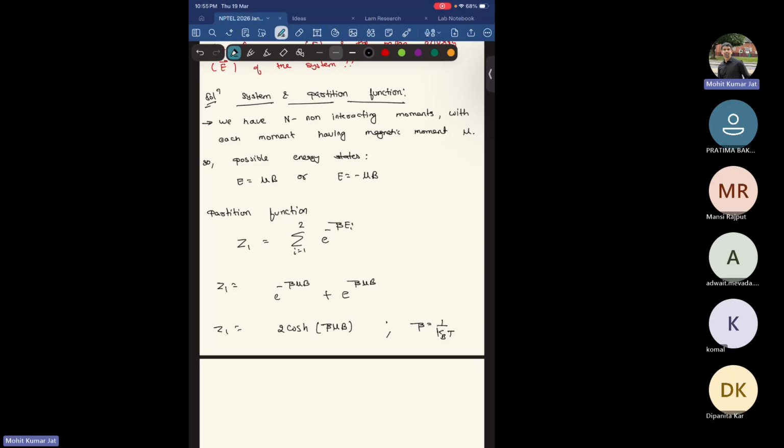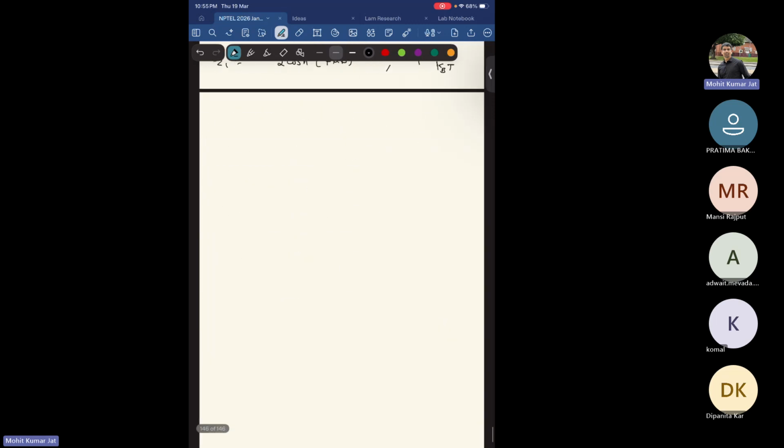This is for one particle, but now we have capital N non-interacting particles. In that case, your partition function goes as Z1 to the power N, which is [2 cosh(beta mu B)] to the power N.